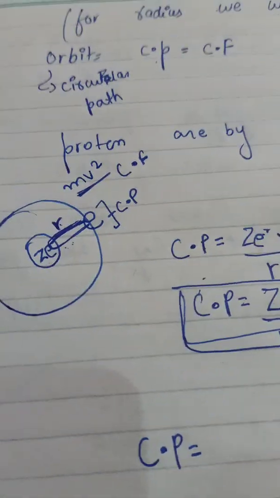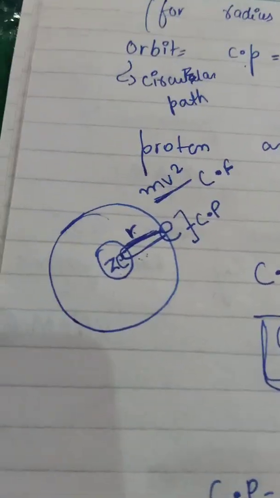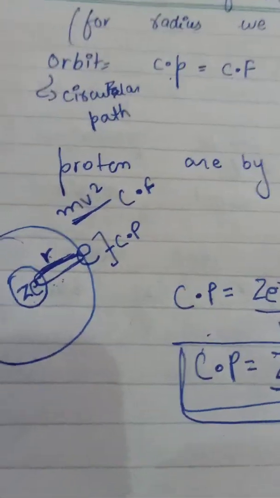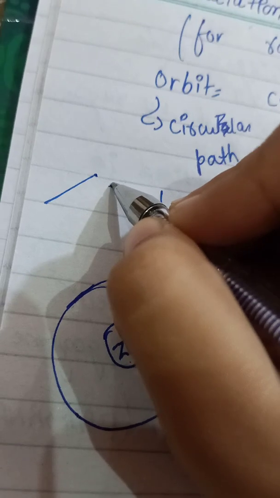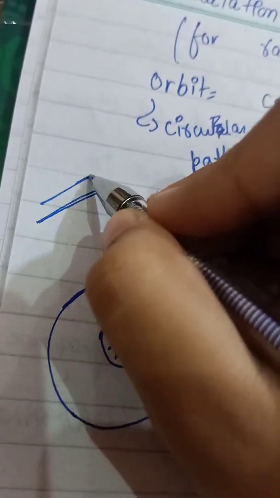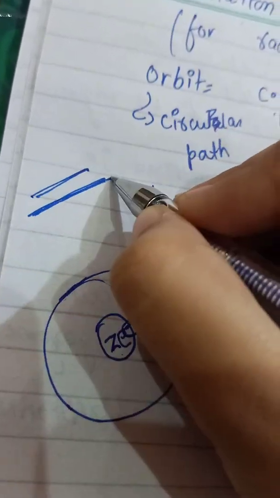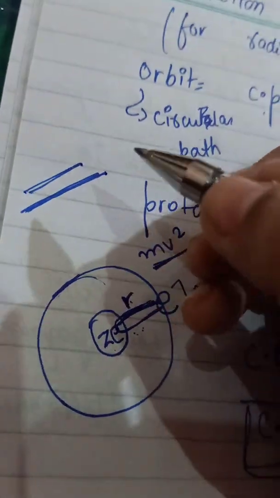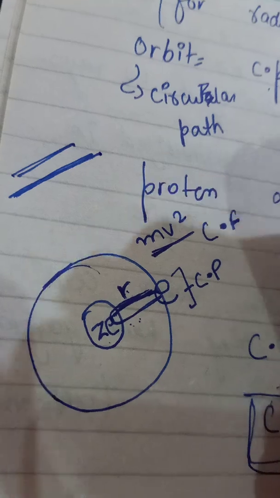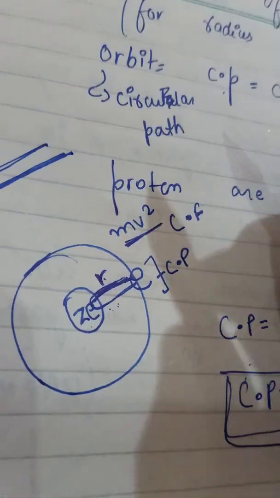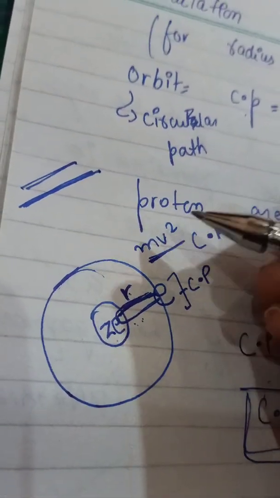You will be asking why v square? Because there is the initial velocity and the final velocity. These are the two types of velocity, initial and final. That's why there is v square.